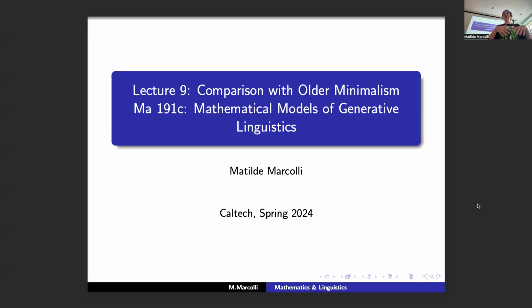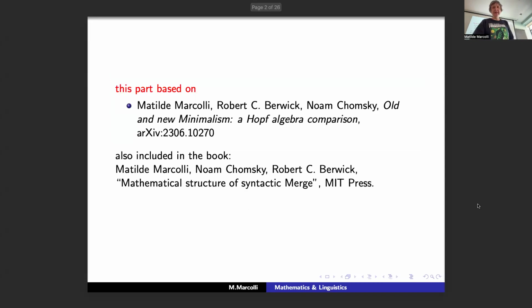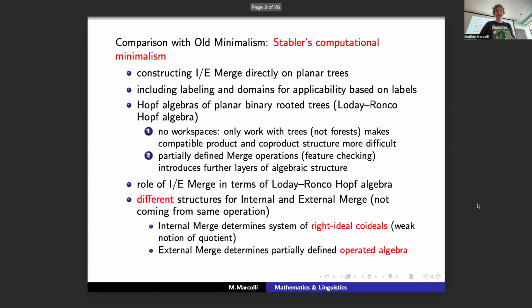What I'm going to try to show is that if you try to do the same kind of modeling, the fact that everything happens at once in a single step makes everything a lot more complicated. This is based on the second paper that we wrote.